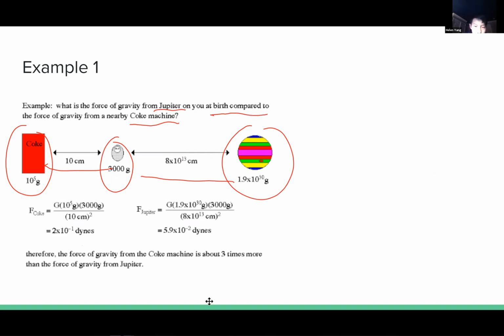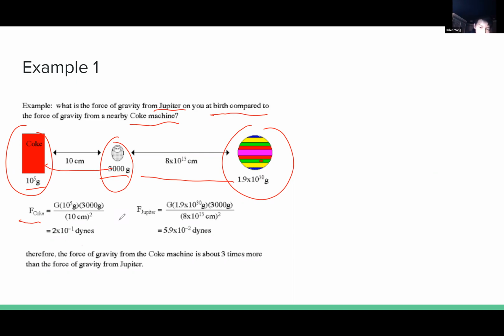So if you wanted to find the force between each of you separately, for the Coke, it would be G times 10 to the power of 5, which is the mass of the Coke machine, times the mass of you, which would be 3,000, divided by the distance squared, which is 10 centimeters squared.